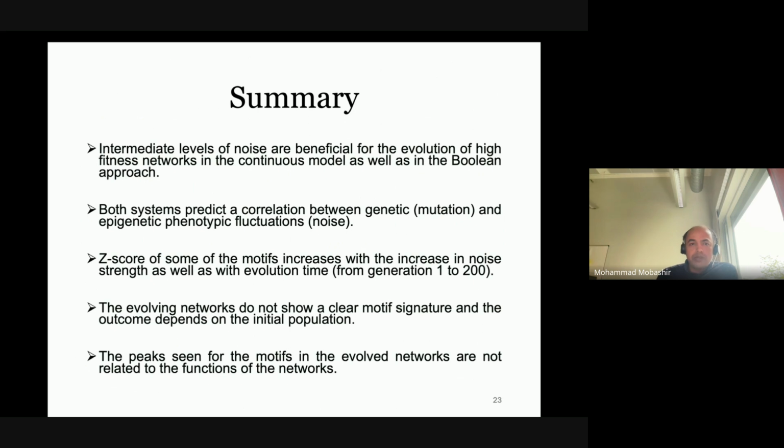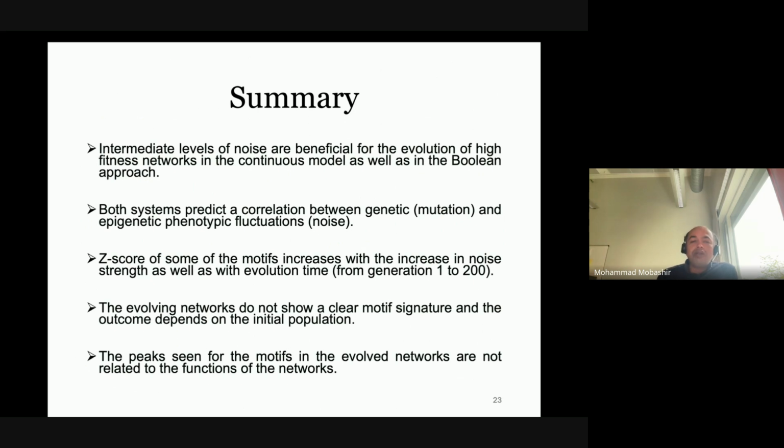Both systems predict a correlation between mutation, that is genetic mutation, and phenotypic fluctuation, that is environmental, which could be from any source. And the Z score of some of the motifs increases with the increase in noise strength as well as with the evolution time from generation 1 to 200, which is obvious. That means the system is working properly.